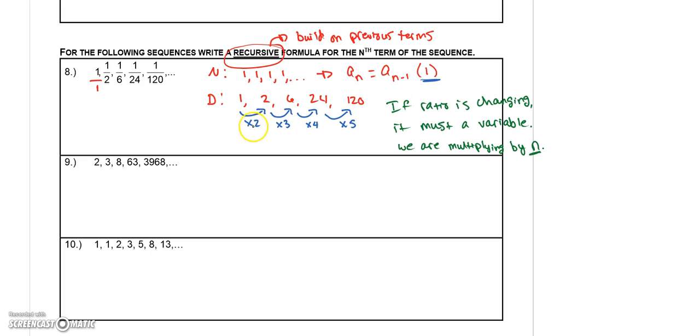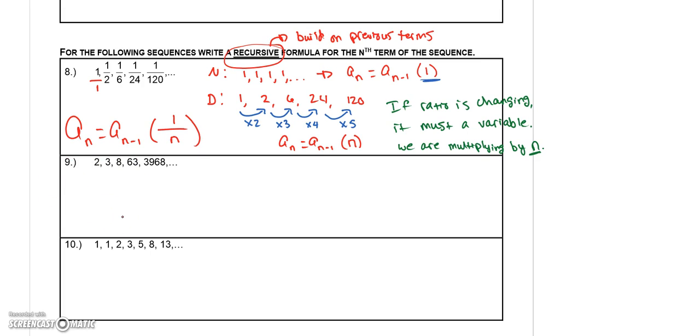For my second term, I'm multiplying by 2. For my third term, I multiply by 3. Fourth term, I multiply by 4. So for my denominator, it's an equals the previous term times n. Okay, so altogether, an equals your previous term times, the numerator was times 1, the denominator was times n. And you can plug in to check some of those.